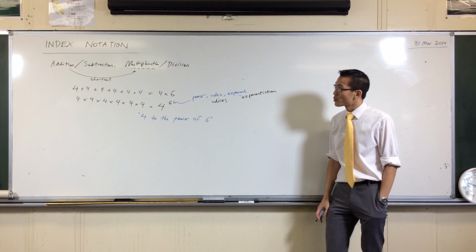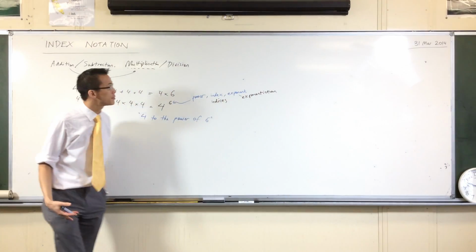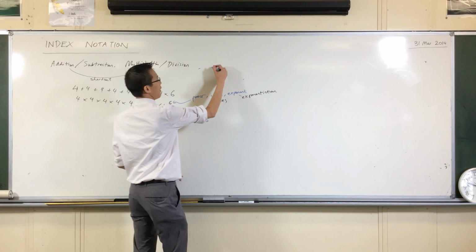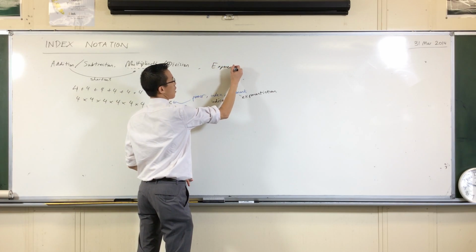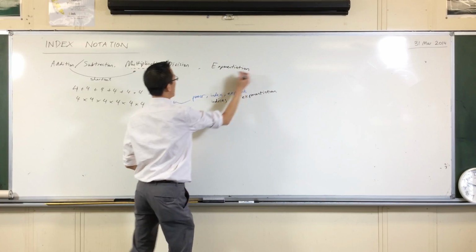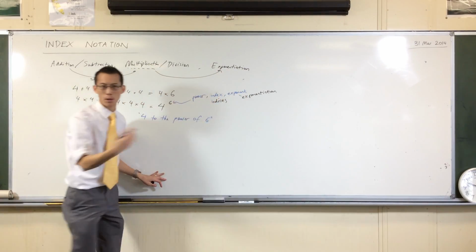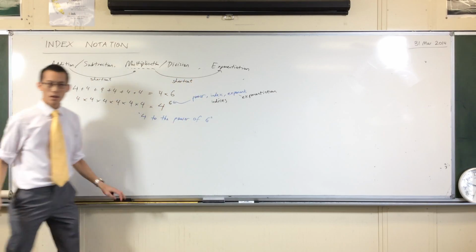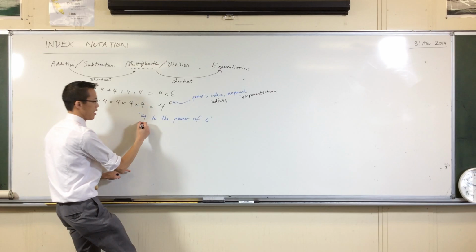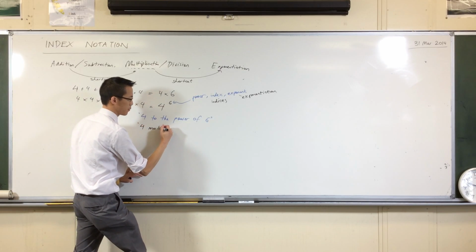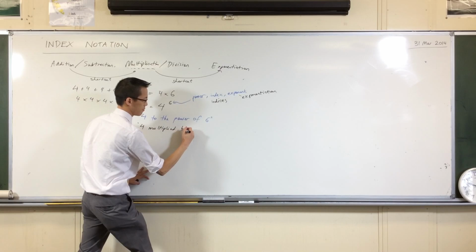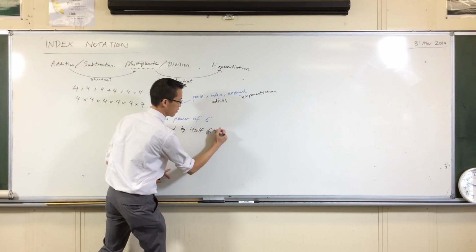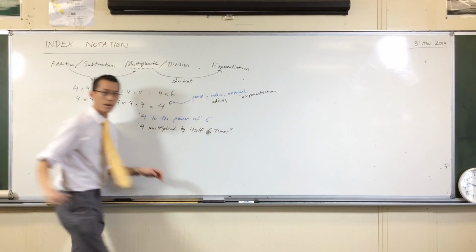So, in just the same way that multiplication is a shortcut for addition, exponentiation, or powers, or indices, are a shortcut of multiplication. So 4 to the power of 6, another way to say it is 4 multiplied by itself 6 times. That's what it means.